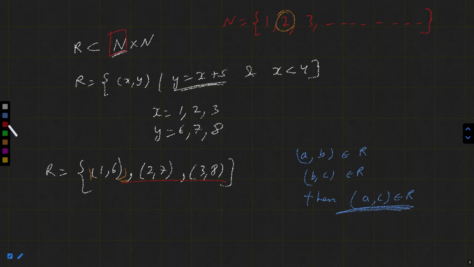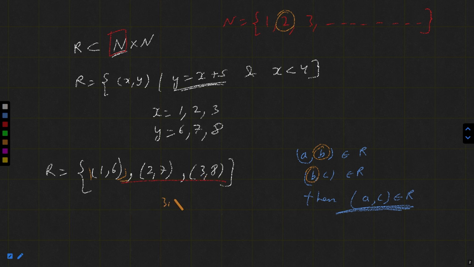So as you can see, (1, 6) belongs to R, but there's no element which is starting from 6, okay, don't worry. What about (2, 7) belongs to R? Yes. But there's no element which is starting from 7. For transitivity, we need this condition to happen, so it is not the condition over here.